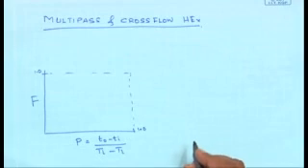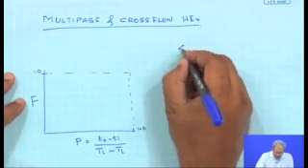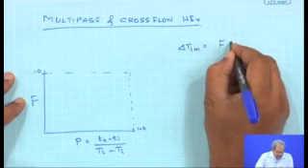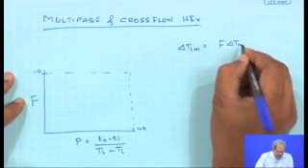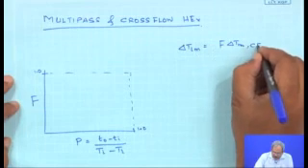So let's take a look at what we have over here. For the case of correction, we need to correct delta T LM as F times delta T LM based on pure counter flow.